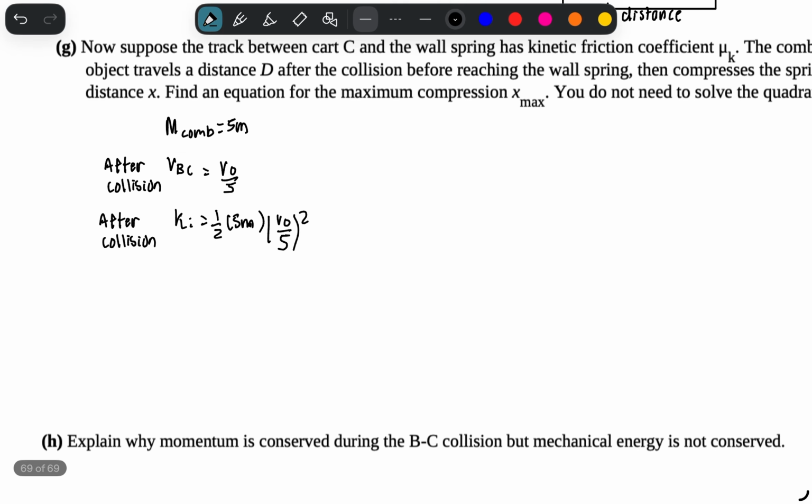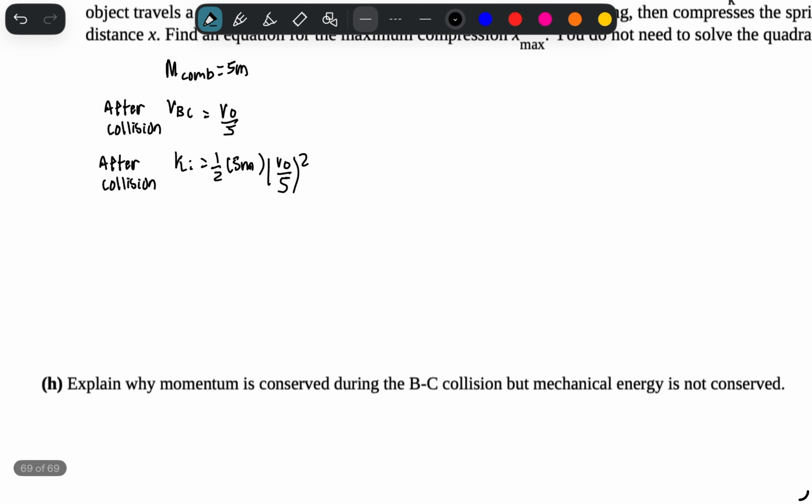So we also know that our combined object slides a distance d before touching the spring.